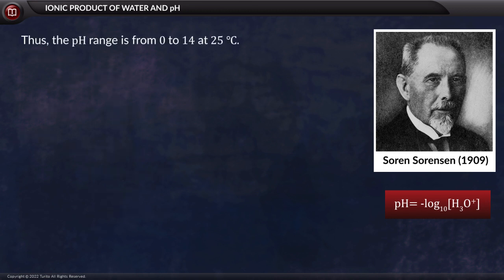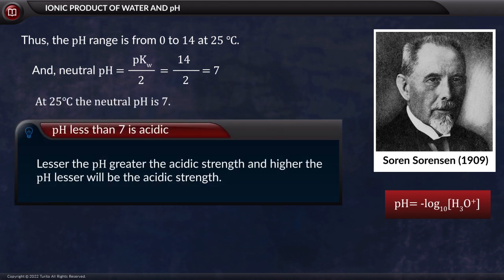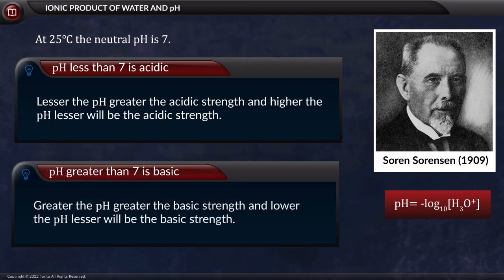Hence, the pH scale will be from 0 to 14, while neutral pH will be 7. pH value, which is less than 7, at this temperature is acidic, and as the value of pH decreases, the acidic strength increases. While if it is greater than 7, then it is basic in nature, and the strength of the base increases as the value of pH increases.